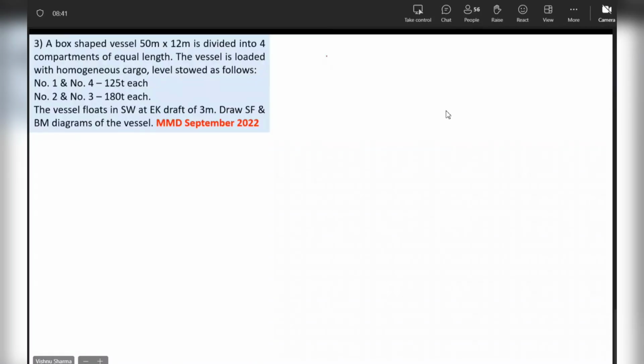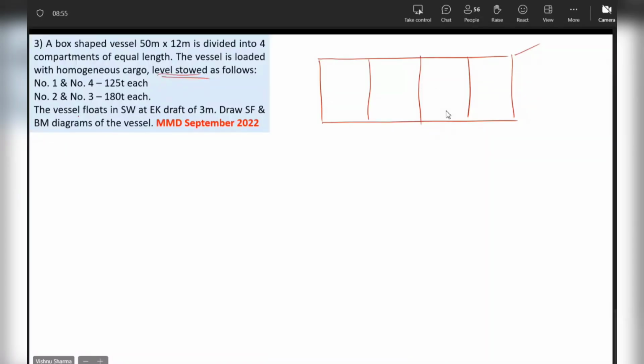A box-shaped vessel 50 by 12 is divided into 4 compartments. So each will be 12.5 meters. The vessel is loaded with homogeneous cargo level stored as follows: 1 and 4 equal, 3 and 4 equal, 2 and 3 equal, 1 and 4 equal.